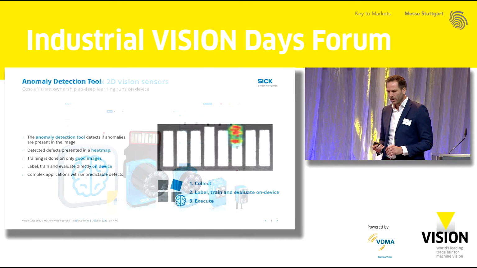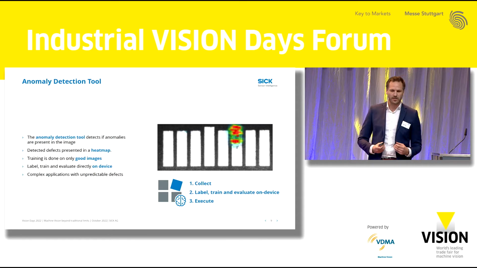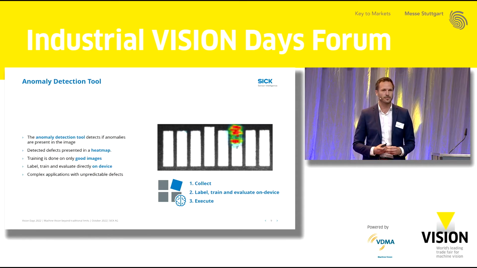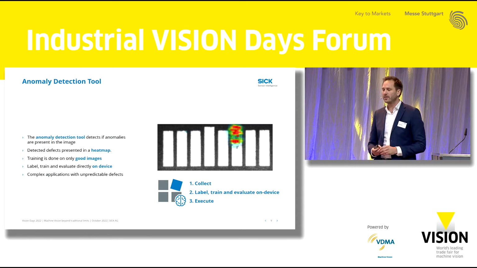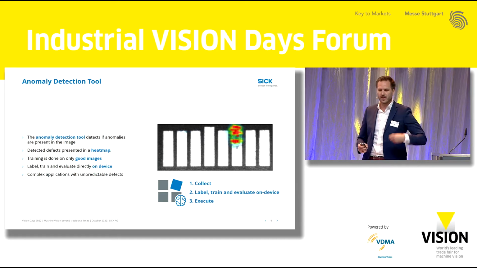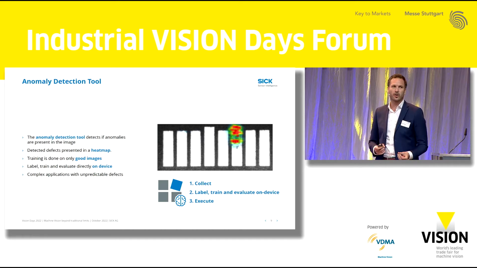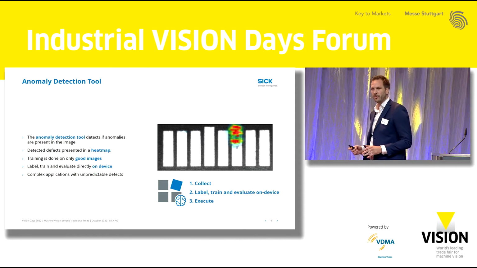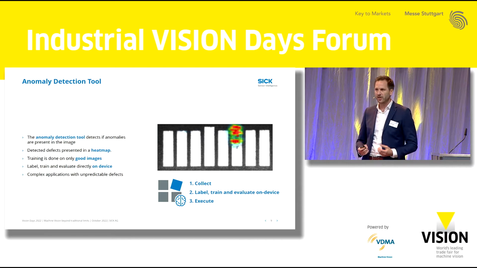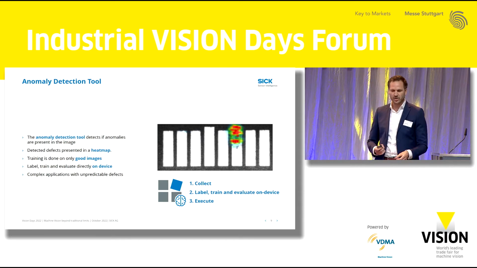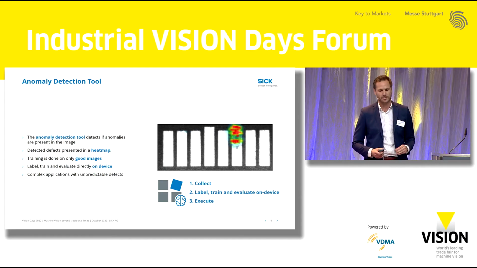What I'm especially excited about is our new anomaly detection tool. It can detect anomalies present somewhere in the image, and it presents a heat map of where the defect is detected. It gives us the possibility to train only on the good images. The bad images are saved for evaluation purposes and threshold making. The cool part is that you can do the labeling, training, and evaluation directly on the device, which is great.